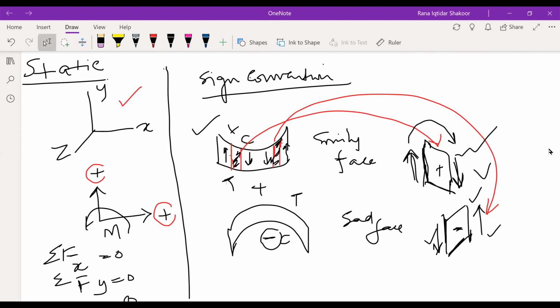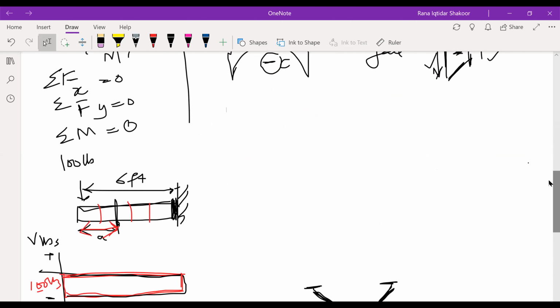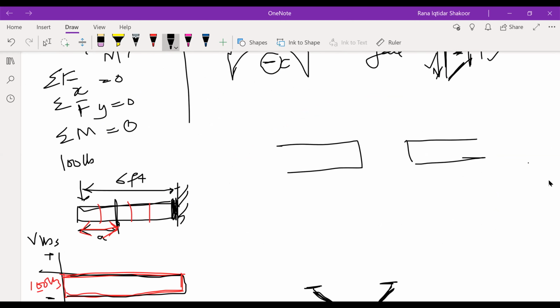Fine. Now, if I draw a regular section over here, like this one and this one, this is a section basically, right?